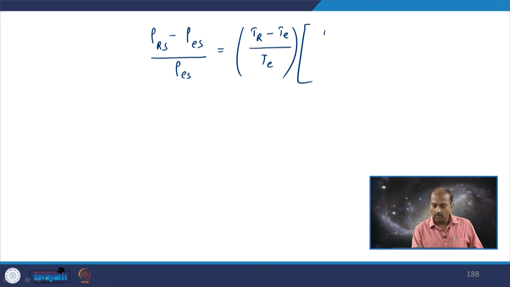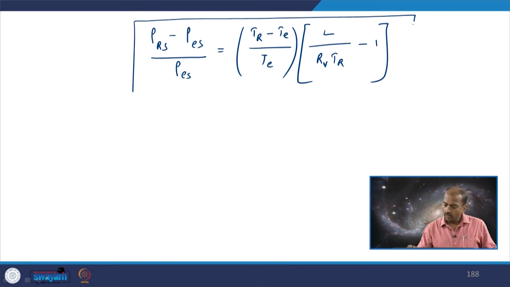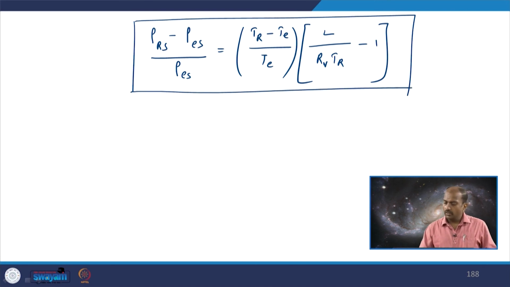Pulling this out, we will write (rho_RS minus rho_ES) divided by rho_ES equals (T_R minus T_E) divided by T_E times (L by R_V T_R minus 1). So, this is how this vapor pressure at saturation changes.